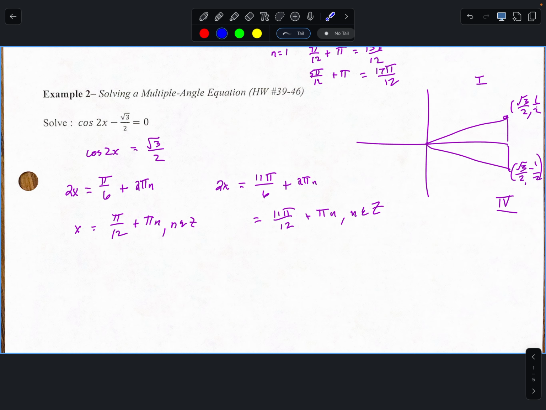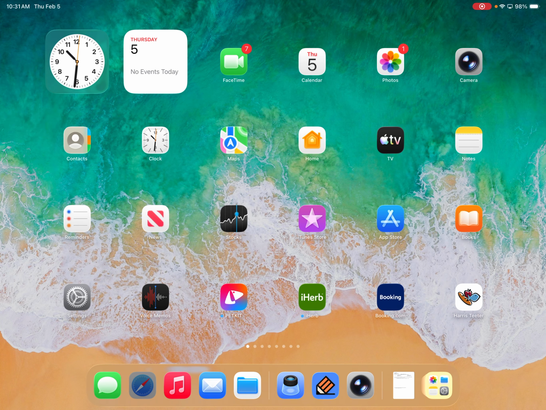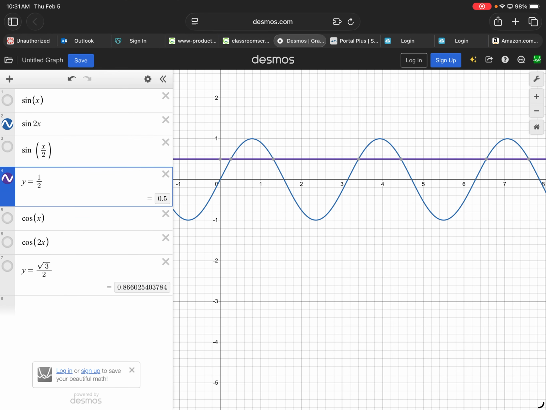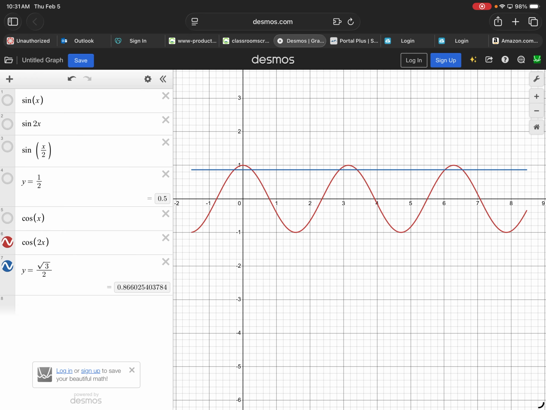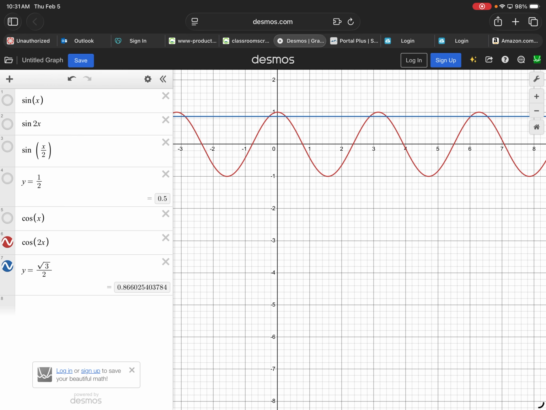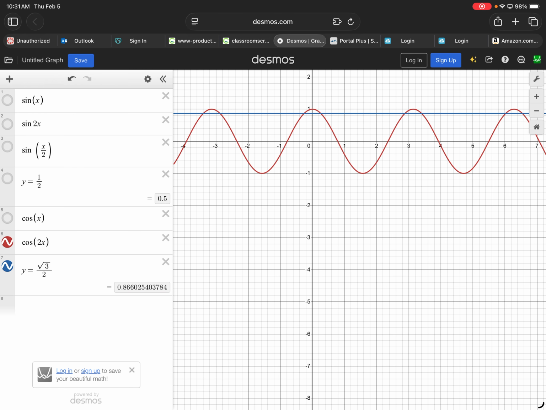And I have that set up here where we've got √3/2, which is about 0.866, and the cosine of 2x, and we'll turn off the others. So here's cosine. And if I can get it, there's pi 12ths, 11 pi 12ths, 13. Oops, I bumped it. Those are the 4 places. You get 4 places from 0 to 2 pi.